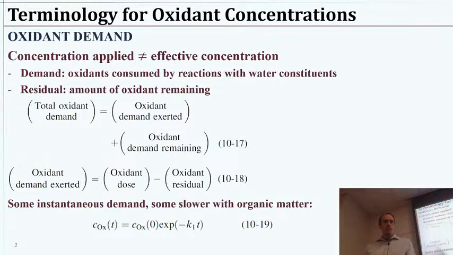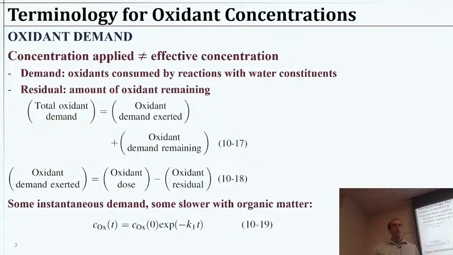All right. So when we talk about oxidation, we apply some oxidant, some chemical, maybe it's chlorine, maybe it's ozone. Well, it turns out that when we add an oxidant, that is there throughout the process. So this brings us a couple of definitions.